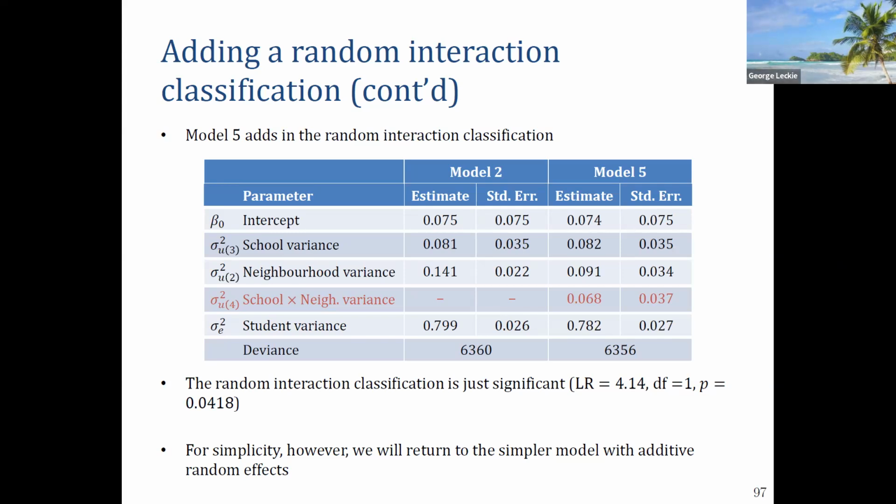So I think this could again be related to the fact that there's so many more neighborhoods than schools. So again, this is something that you could study with simulation studies to try and work out what you can and can't take from these models. Can we get the full insight that we want, or are there restrictions?